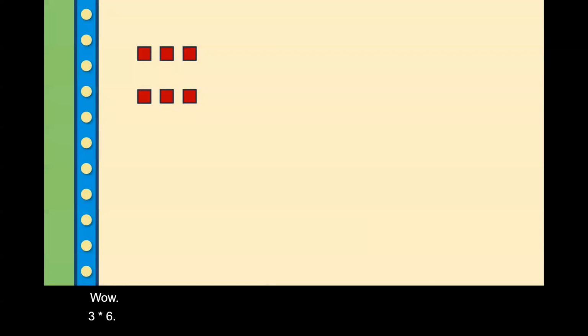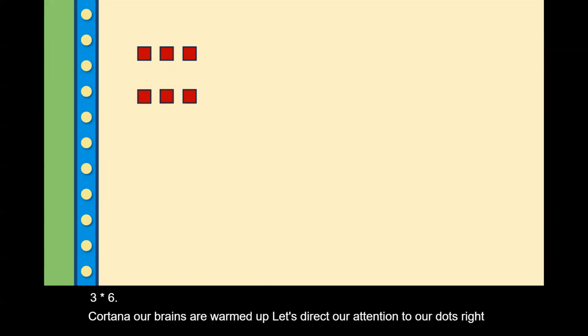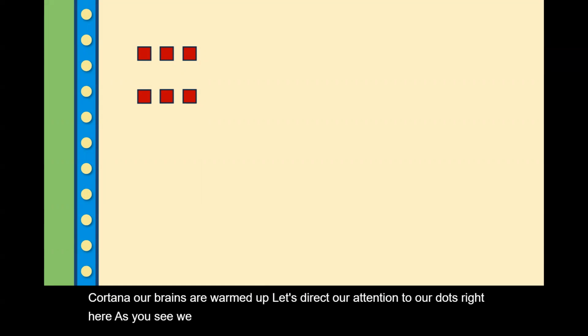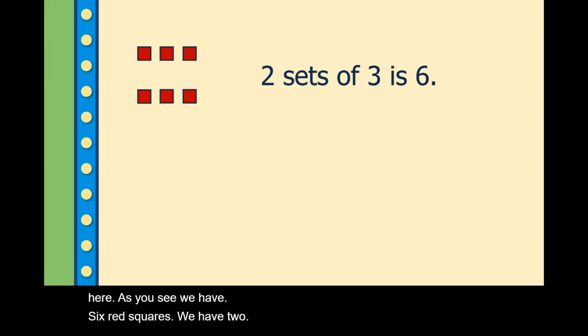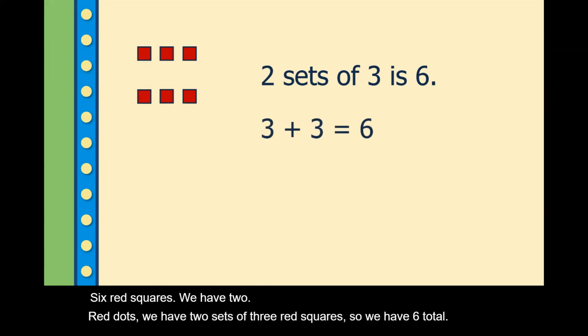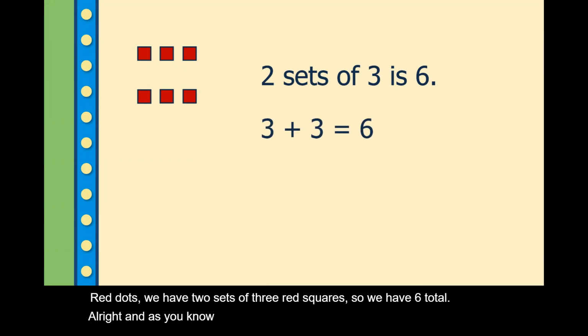Good job. Now that our brains are warmed up, let's direct our attention to our dots right here. As you see, we have 6 red squares. We have 2 sets of 3 red squares. So we have 6 total. If this is an equation, we could say 3 plus 3 equals 6.